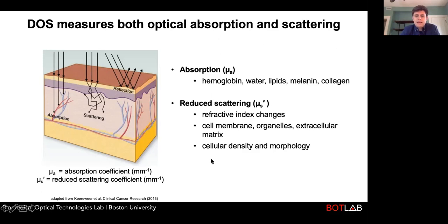And scattering is going to be changed by cellular density, the morphology, the shape of the cells, even things like osmolarity or edema. The amount of extracellular and intracellular fluid can all change reduced scattering. Red blood cells themselves are quite scattering, so an increased density of red blood cells can also change scattering.